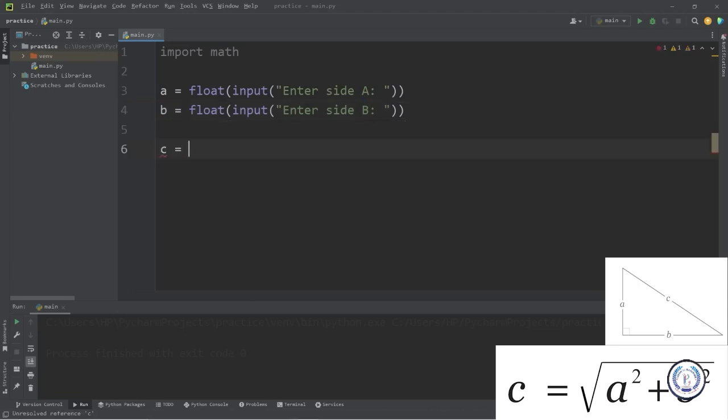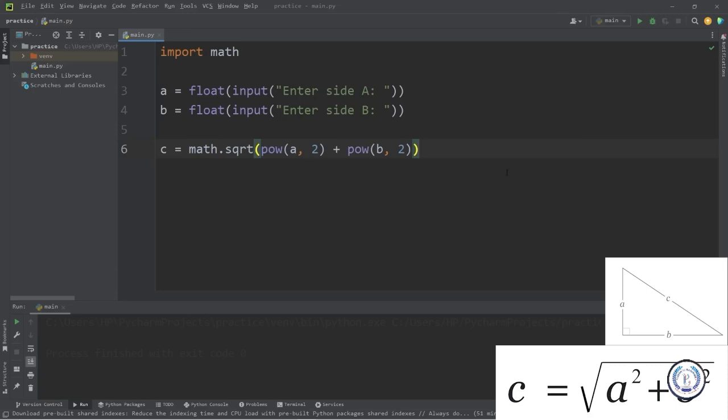Now this part's going to be confusing. We'll calculate C. We'll need a squared plus b squared. We'll take a to the power of 2 plus b to the power of 2. Then we'll need the square root of all of this, whatever the result is. I will surround this equation with math.sqrt.